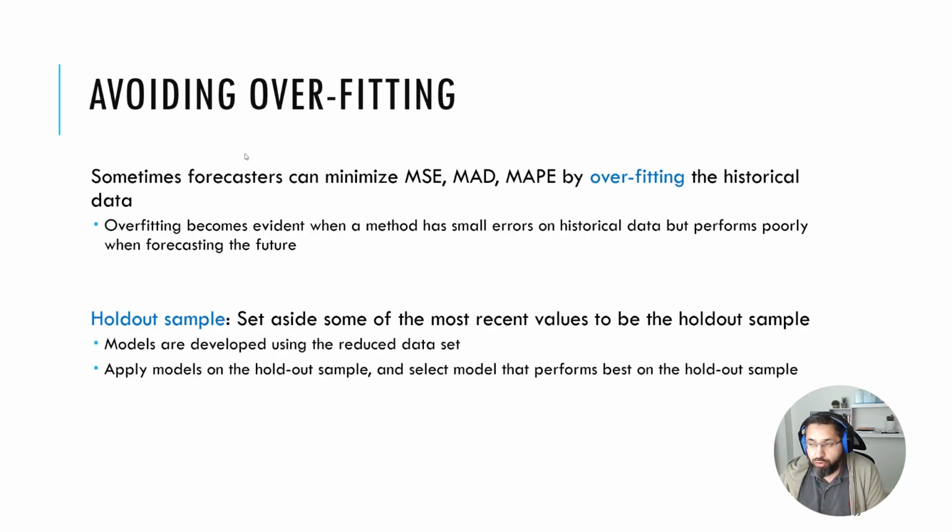Avoiding overfitting. Overfitting is a very important topic, especially when you're using forecasting with regression, because you estimate the regression equation over a certain set of data. That's called the training data. And then when you apply it to forecast for the future, if you're forecasting one period into the future, that's not a big issue.